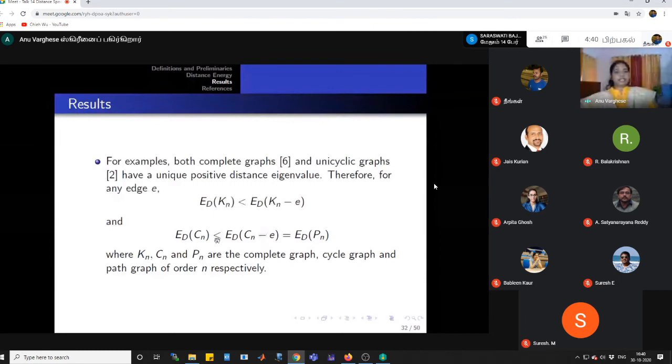If we delete an edge of Cn, we get the path on n vertices, which is also a graph with a unique positive distance eigenvalue. So the distance spectral radius of Cn is less than the distance spectral radius of Pn. So twice the distance spectral radius of Cn is less than twice that of Pn, and the distance energy of Cn is less than the distance energy of Pn.